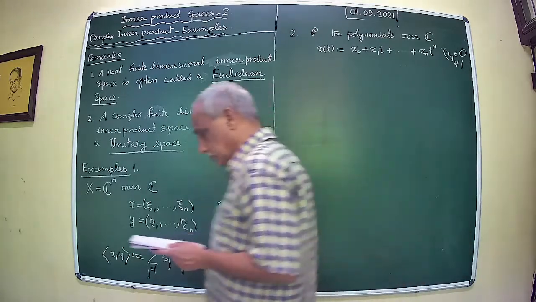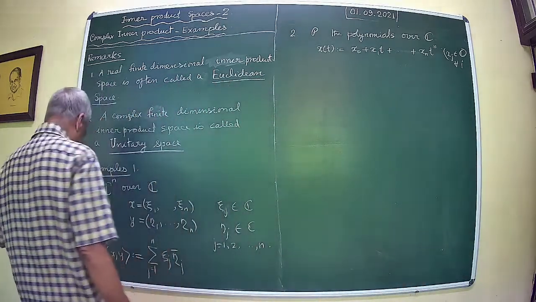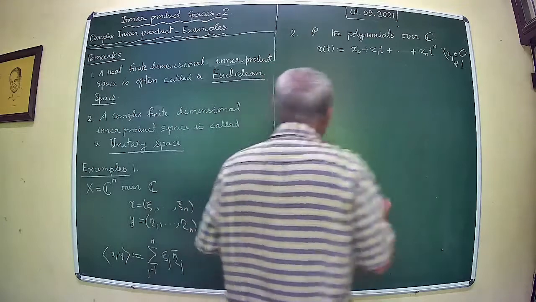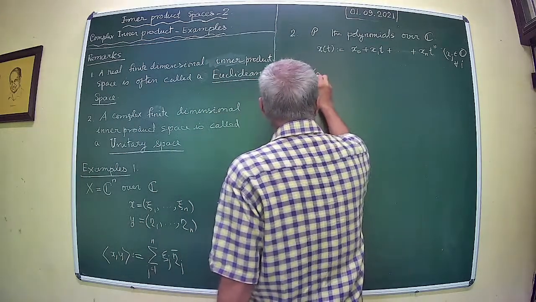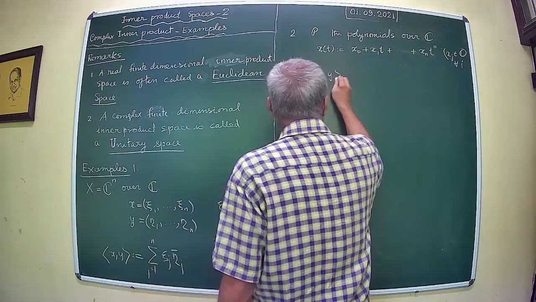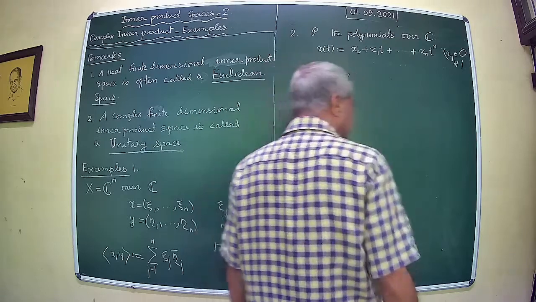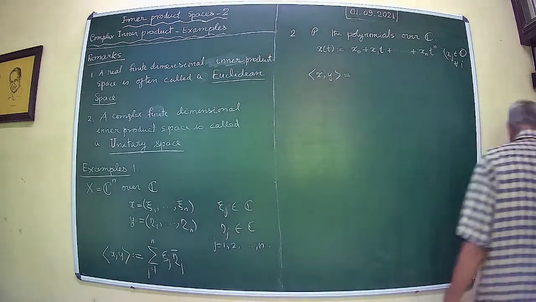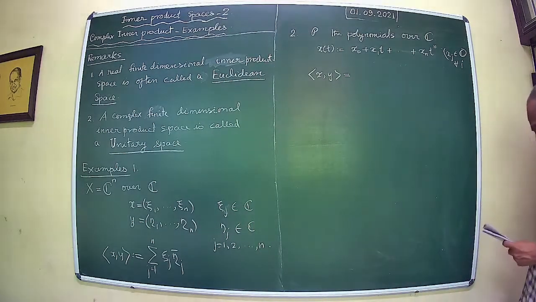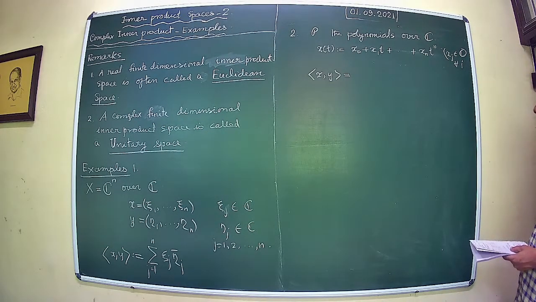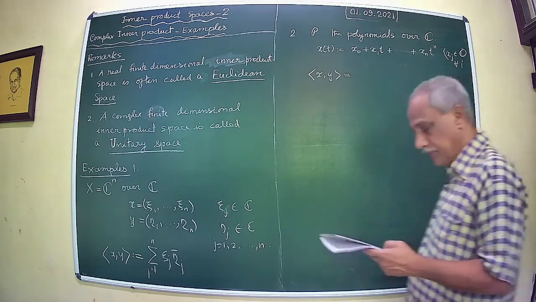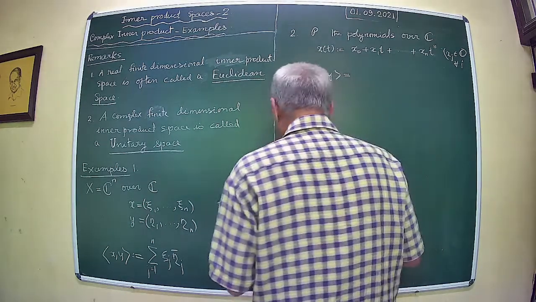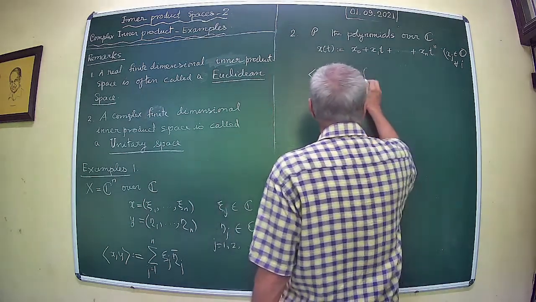Okay. Now what we define is the following. See, x and y may be of different degree, the degree of the polynomials x and y may be different. Or what you define is the following.